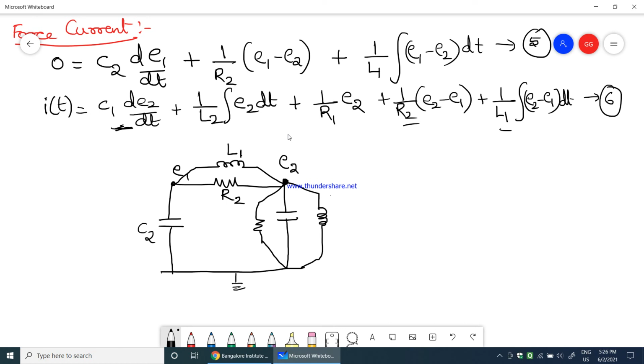Then using the transition table, we saw how to write the force voltage equations and the force voltage network. Similarly, we saw how to write the force current analogous equations and then the force current analogous network. So this is what analogous systems are, and these are the questions you might face in the exam.